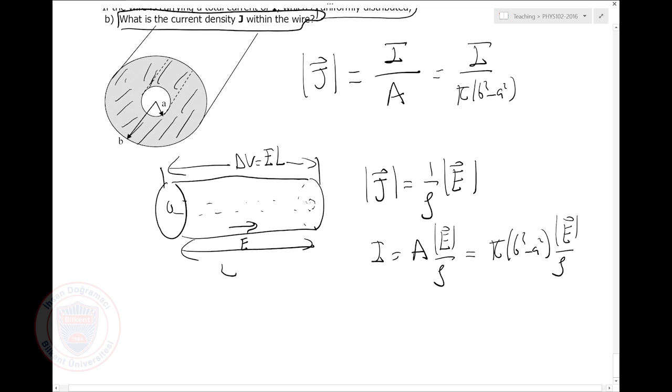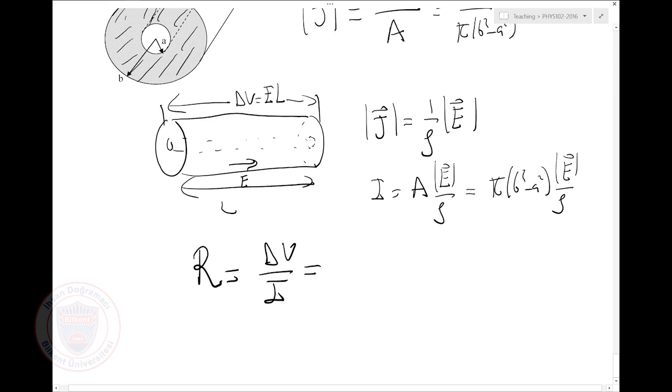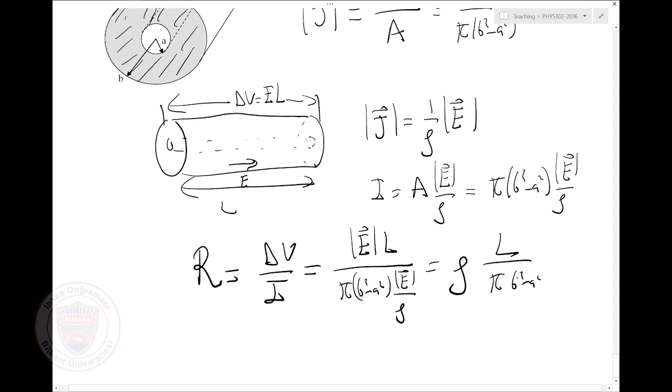The resistance is going to be delta V divided by the current, E times L divided by pi (B squared minus A squared) times E magnitude divided by rho. So it's going to be rho L over pi (B squared minus A squared).